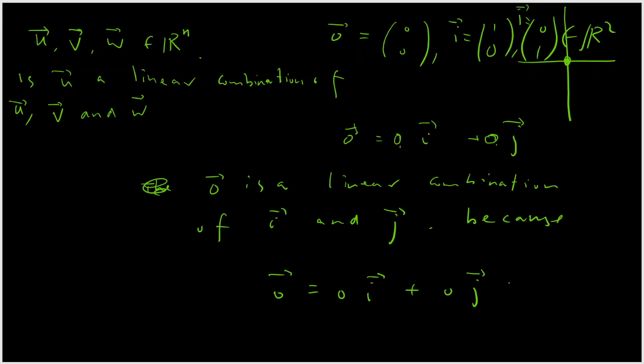By that we mean, is it possible to write u as a number times u and then plus another number times v and then plus another number times w?